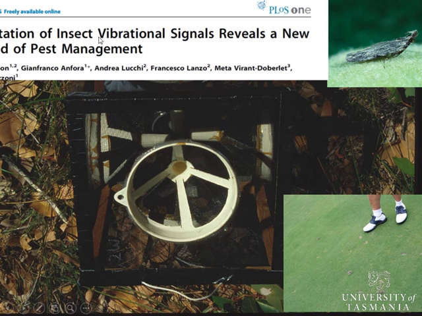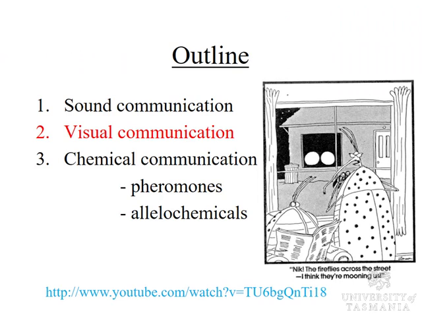But there was a paper only out a year or two back on insect vibrational signals as a new means of pest management, and they're looking at producing signals through vines to keep certain insects away with that vibrational signal. I think it's very experimental at this point, but it's interesting to see that sound is coming in a little bit more, but there's more expense to producing a sound than there is to producing a chemical. So it has a cost involved.